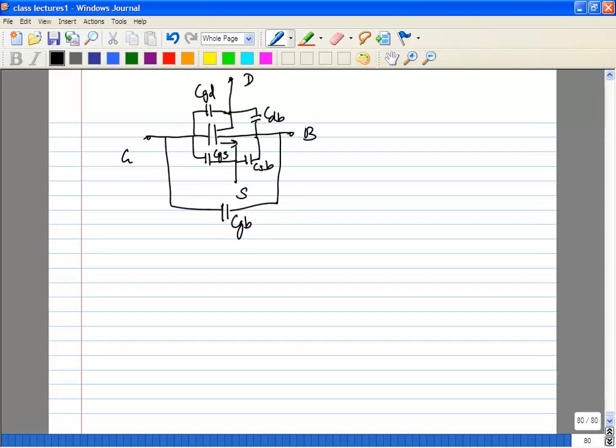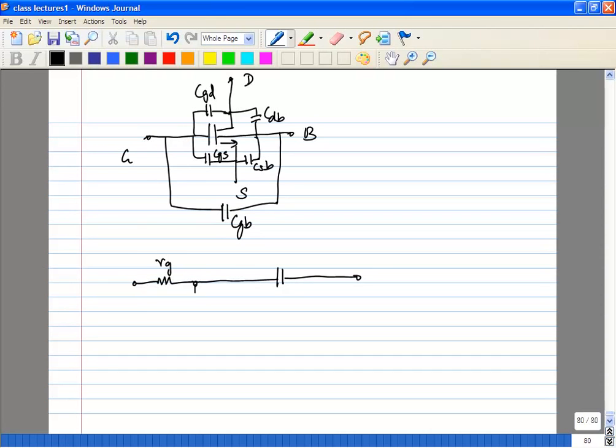So let's look at the small signal model of the device now. First of all, you have an RG, a gate resistance. It's never going to be ideally capacitive, you are going to have some kind of gate resistance.